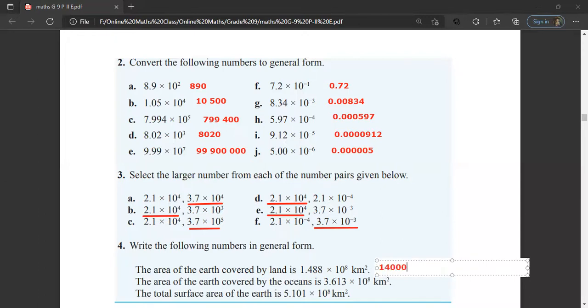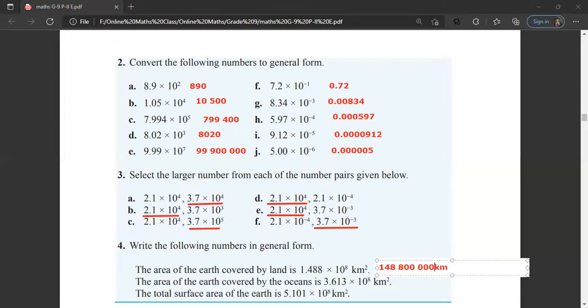How many zeros here? 8, right? So 3 decimal places you have to move. Then 3 means total 8, so an extra 5 you have to add, right? So this is the number.